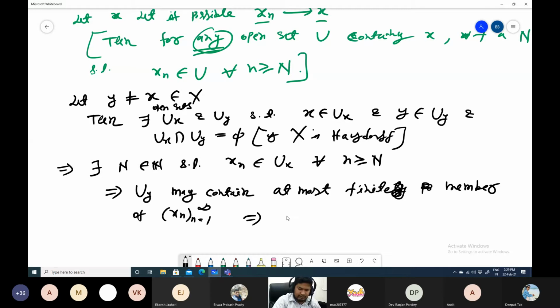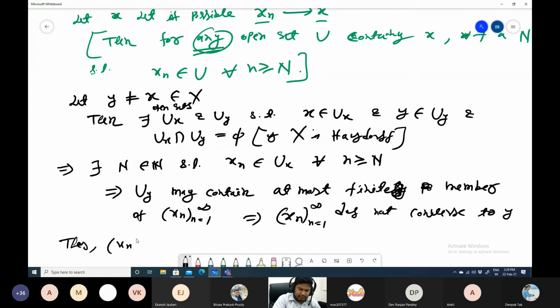So that implies Xn does not converge to Y. Thus we can say that Xn converges to at most 1 point. At most 1 point. Is that clear?